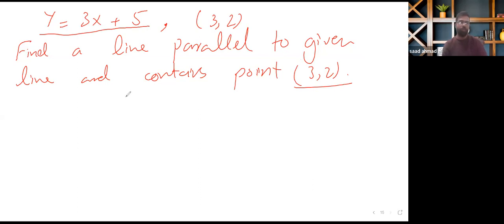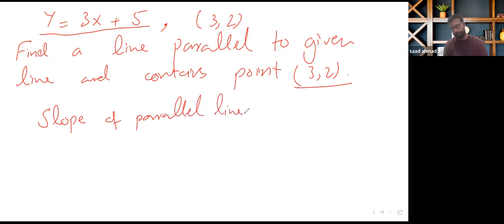So what will be the slope of the parallel line? That will be 3, because the slopes of parallel lines are the same. And the point is already given, so we can write y minus 2 equals 3 times (x minus 3).